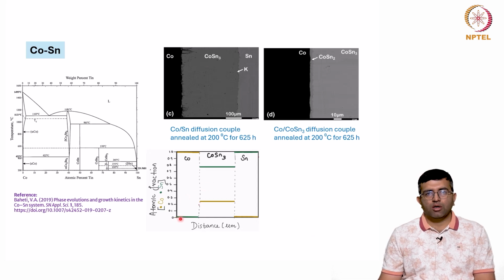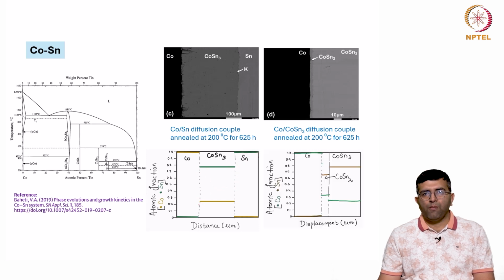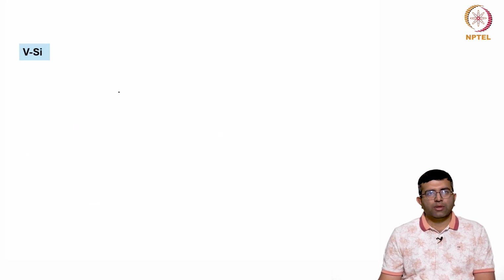You have tin 0 here, then the tin composition corresponding to CoSn3, and then pure tin. And similarly here, if you sketch the profile, you have tin 0 here, then CoSn2, and then the composition corresponding to CoSn3.